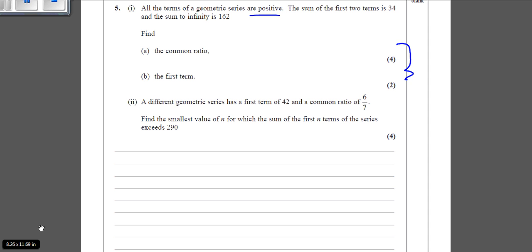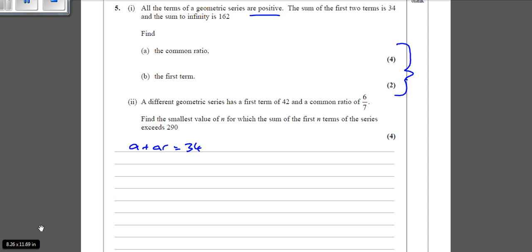Now, usually, these two questions are marked as 1. So what we're going to do is make two simultaneous equations. So the sum of the first two terms. What we can do, to make it slightly easier, is the first term is going to be a, and the second term is going to be ar. So a plus ar equals 34.